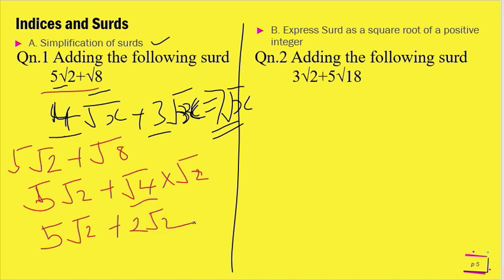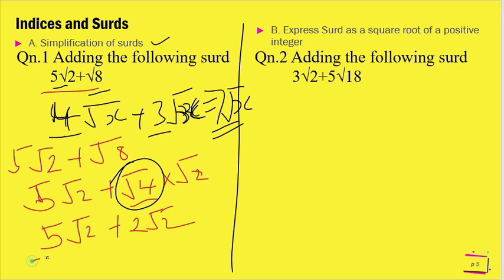So already, root 4 is 2. Now, after getting the same number inside the root, we are able to add.